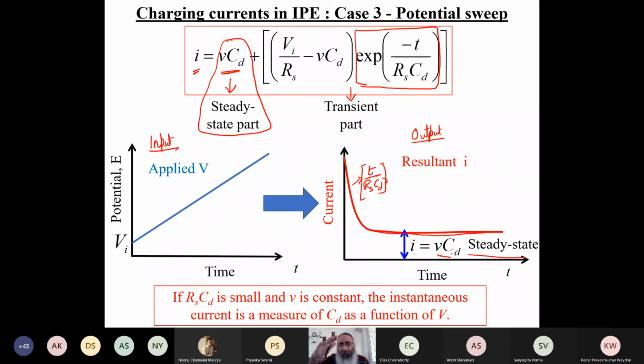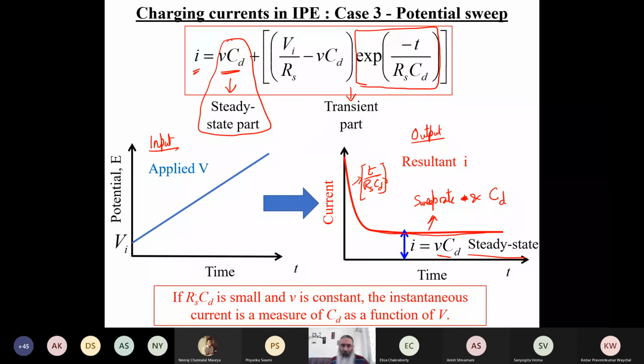Rather, it will decay to a steady state value, which is given by nu and CD, the sweep rate of potential and the double layer capacitance of the circuit.